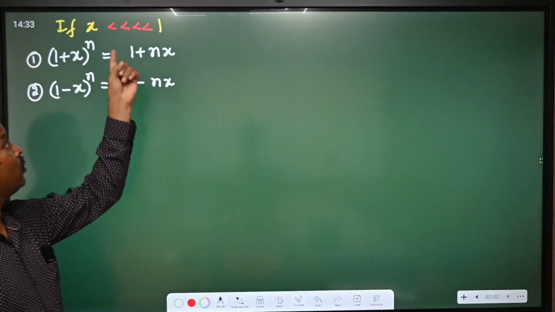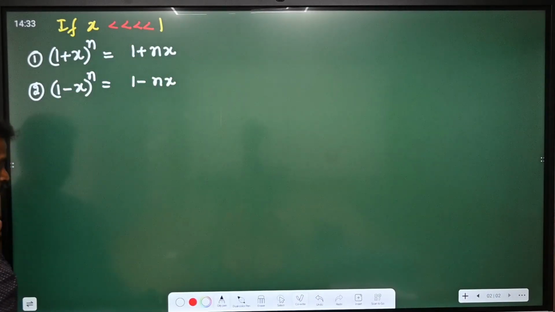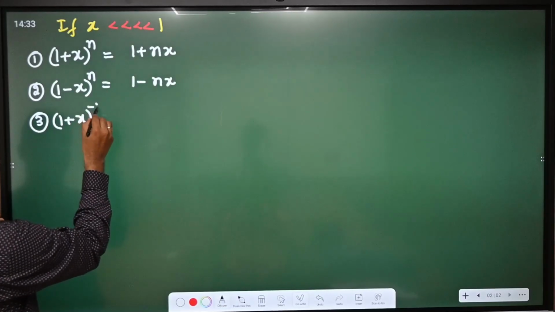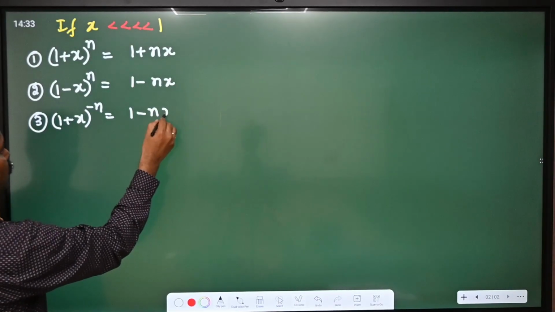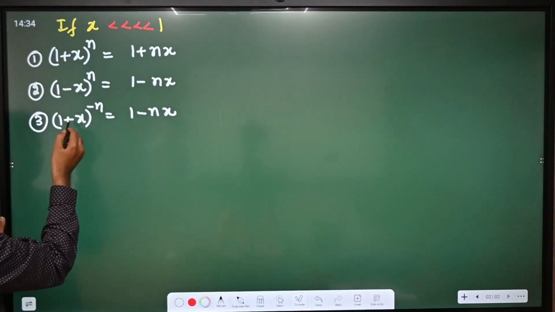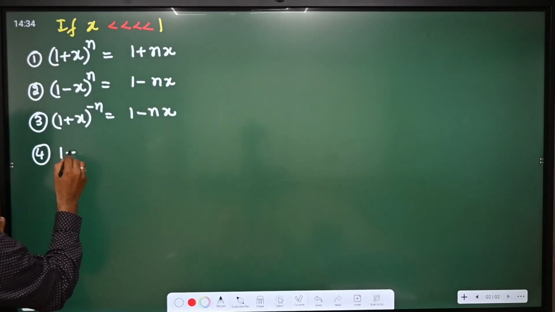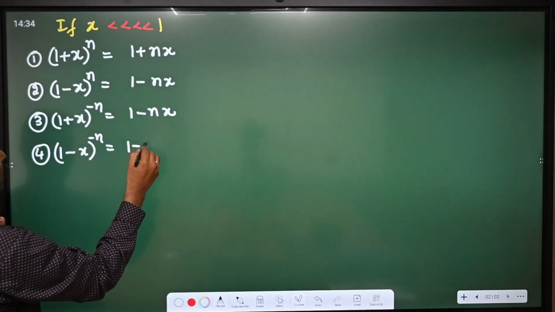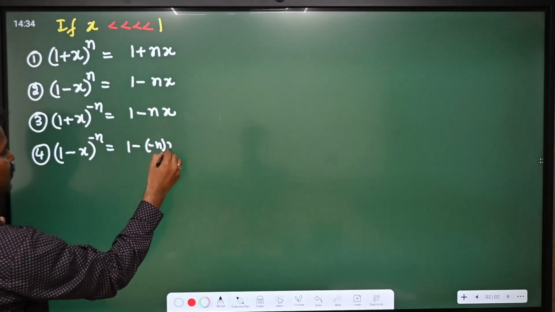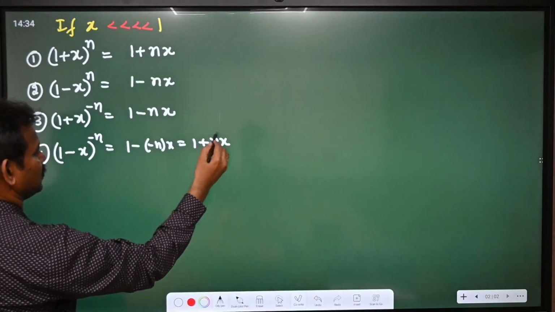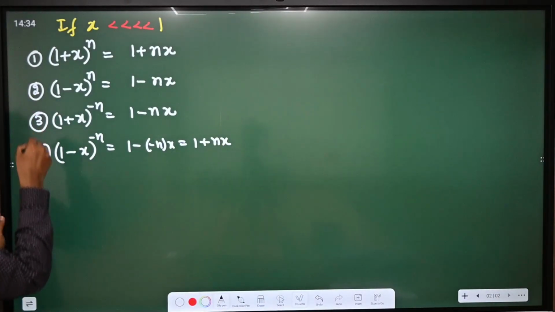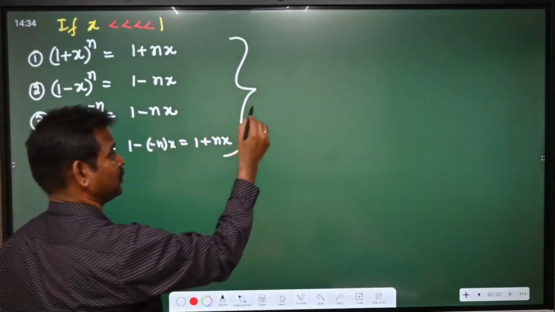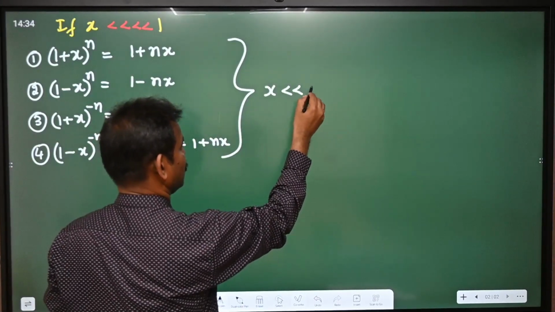Directly you can use this only if x is much smaller than 1. Similarly, (1 + x)^-n is equal to 1 - nx, because this power will just come here. And the fourth one, (1 - x)^-n is equal to 1 - (-n)x, which is equal to 1 + nx. These are the four formulas that you have to remember, and all these formulas are valid or correct if x is much smaller than 1.